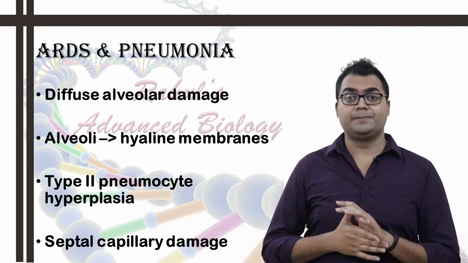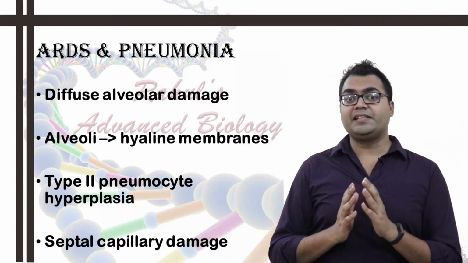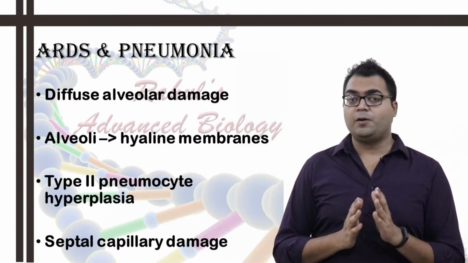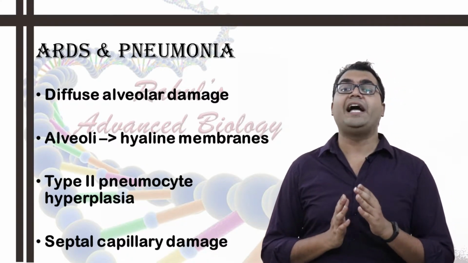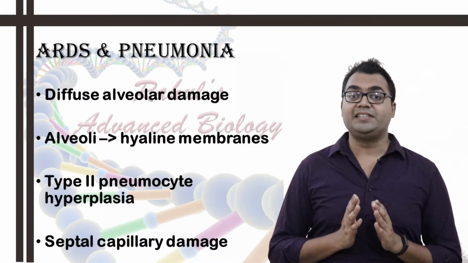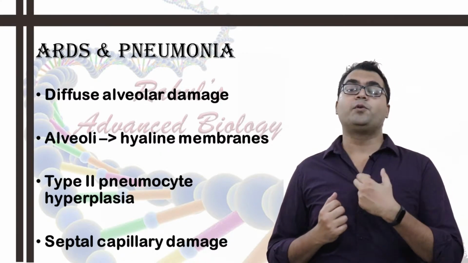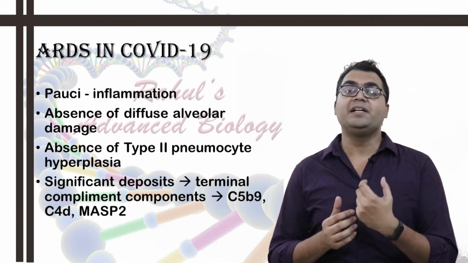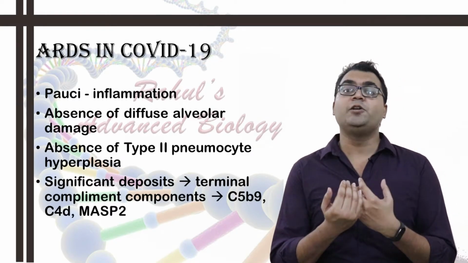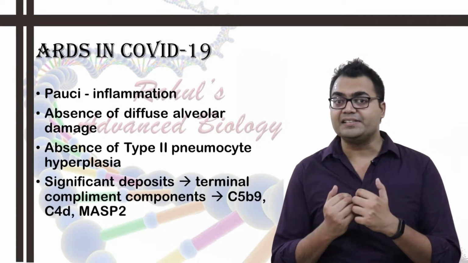Now, in case of bacterial infection, in case of normal pneumonitis or ARDS, what we see is diffuse alveolar damage, DAD, and type 2 pneumocyte hyperplasia. These two specific clinical observations are not profoundly observed in the ARDS caused by the COVID-19 disease, by the SARS-CoV-2 virus.